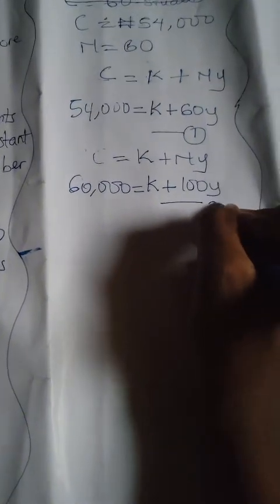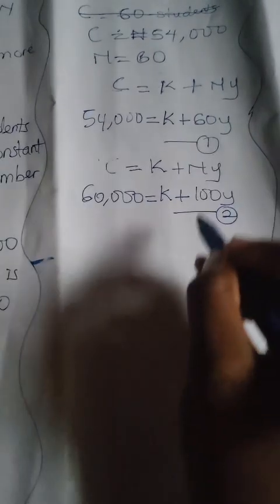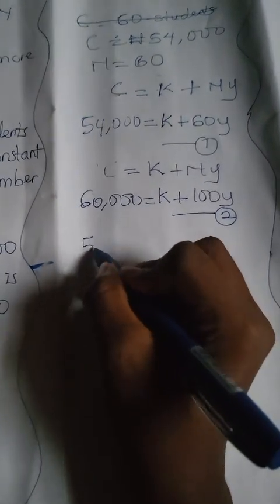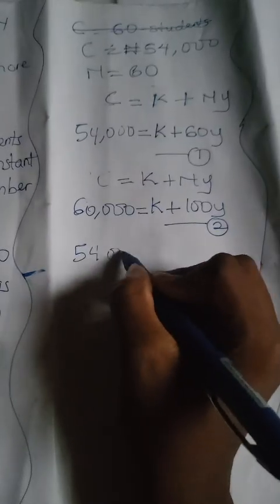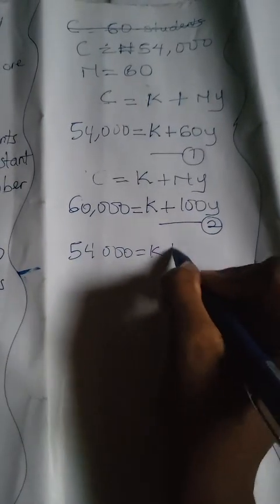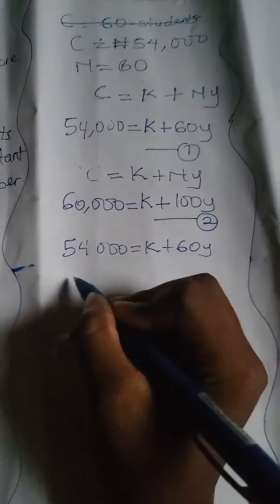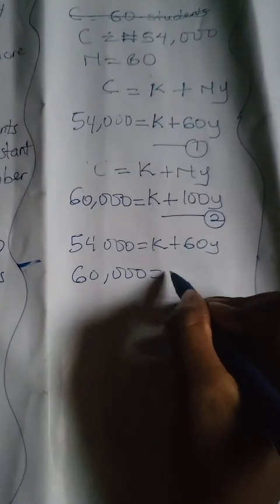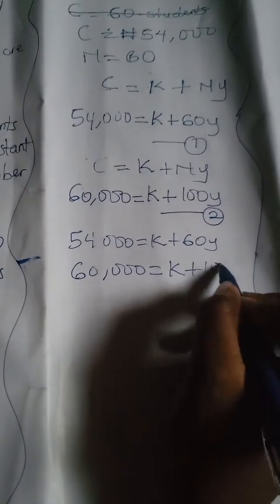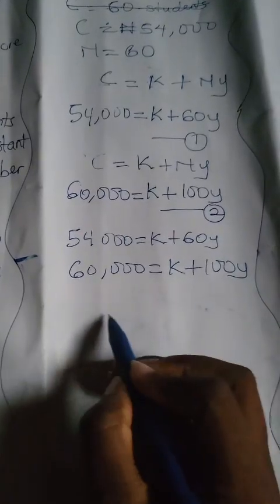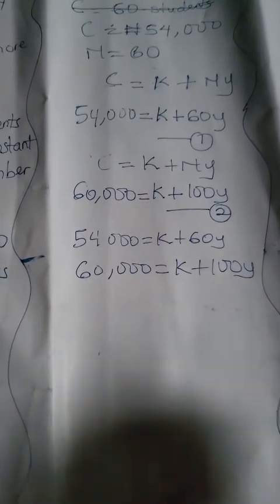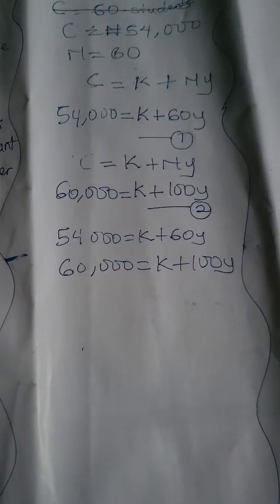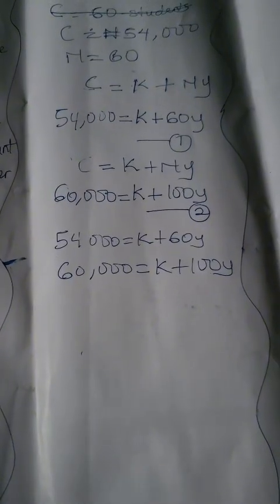So that is equation 2. Combine the two equations together and solve them either simultaneously or using elimination. But I prefer the elimination method because it is faster.